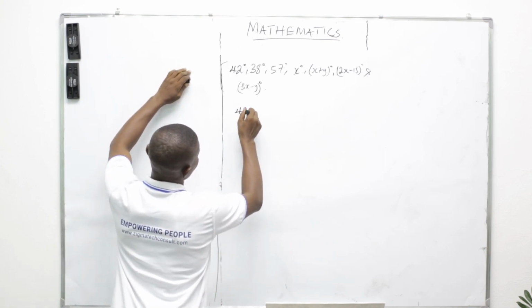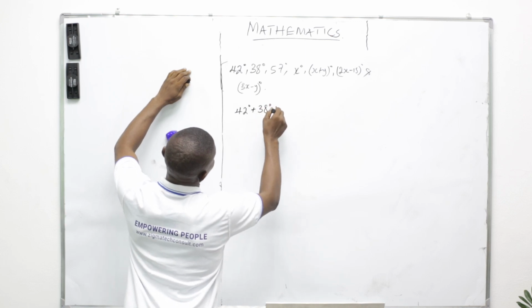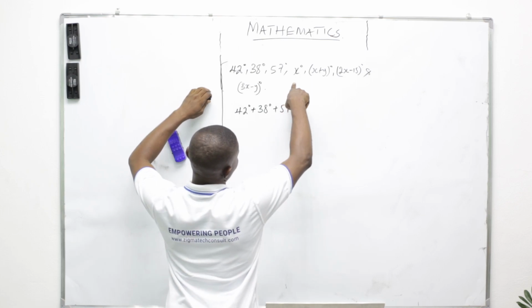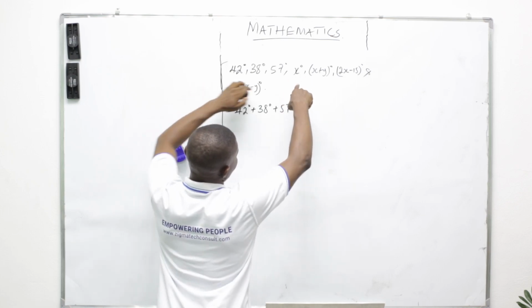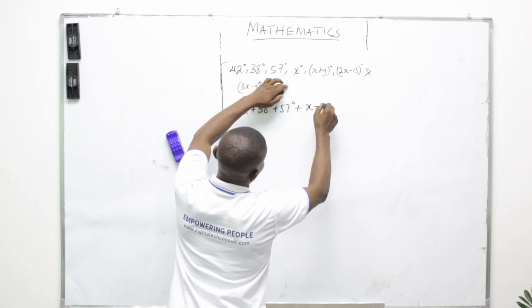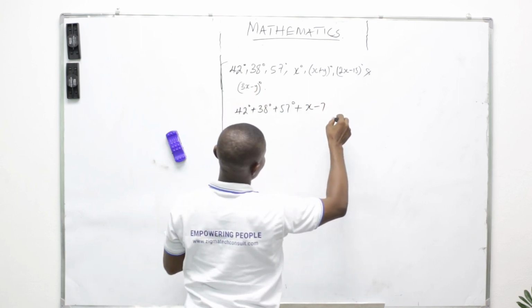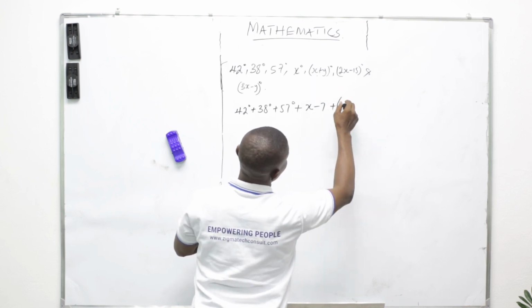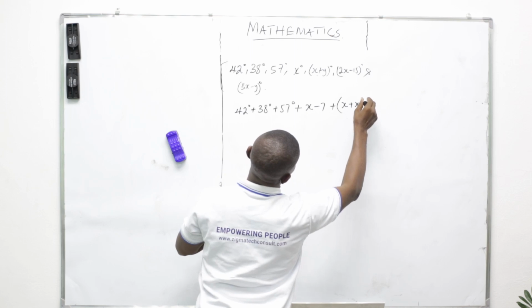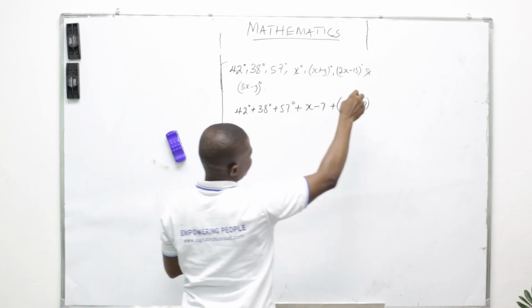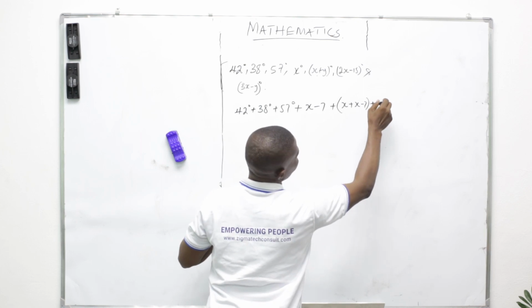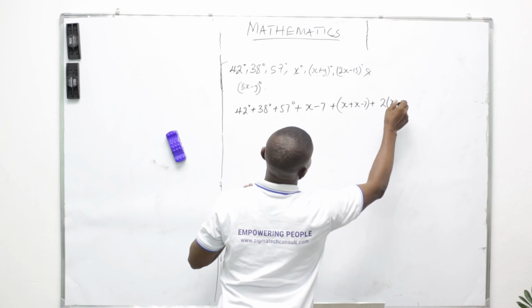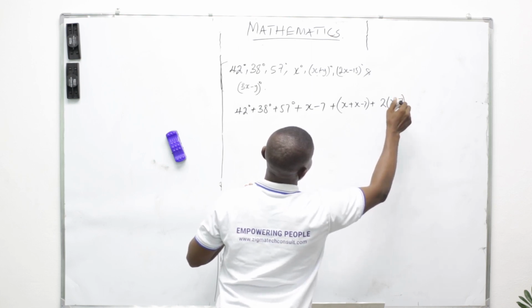Let's go first. 42 degree plus 38 plus 57 degree plus x. Recall. x minus 7 plus x plus x minus 7. We are replacing y now. Plus 2 bracket x minus 7. No?